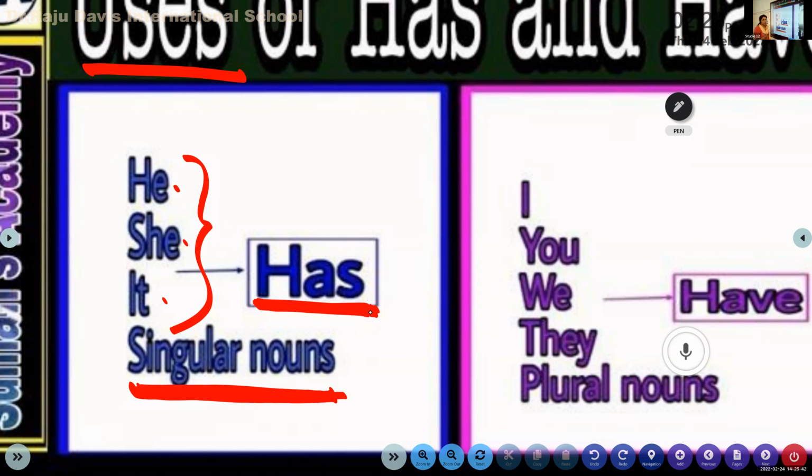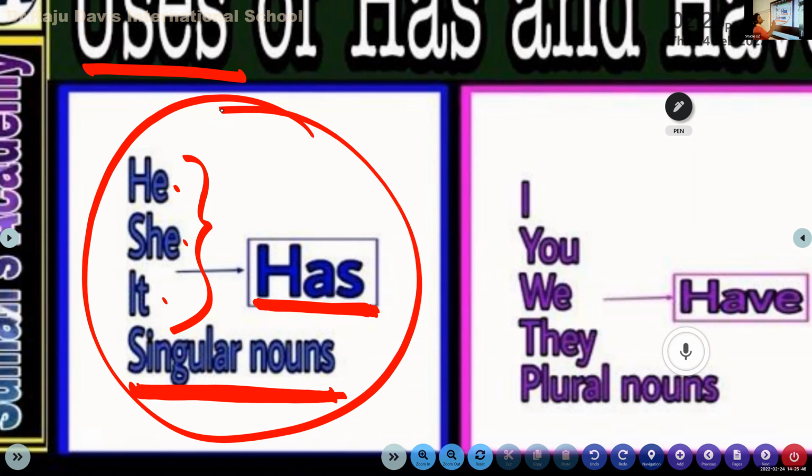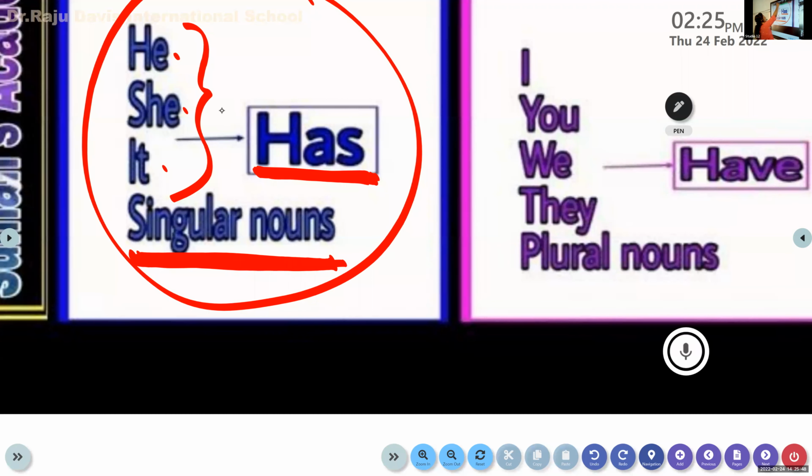So for singular, we use has. Has is used with singular nouns and also with singular pronouns: he, she, it.